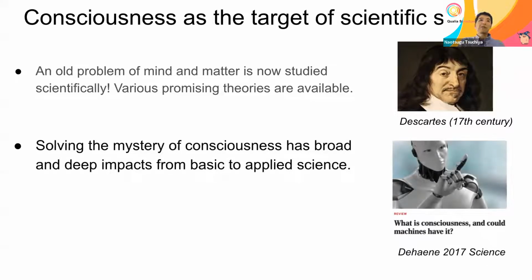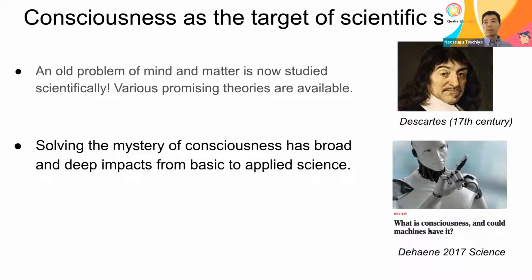But the left-out mind part is mainly my interest, and also that of many of the researchers at the Turner Institute. And the core of this, I would argue, is the mystery of consciousness: how does the mind arise from the matter, or brain? And this currently has quite broad and deep impacts, from basic science to applied science.